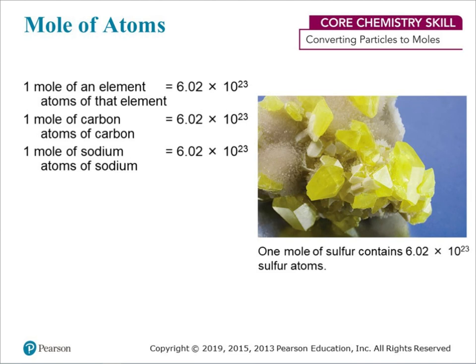1 mole of something looks the same no matter what. It's always 6.02 times 10 to the 23rd. So if that's carbon, sodium, whatever, a mole of it is always going to be 6.02 times 10 to the 23rd molecules or atoms.